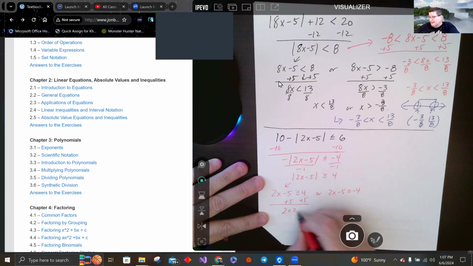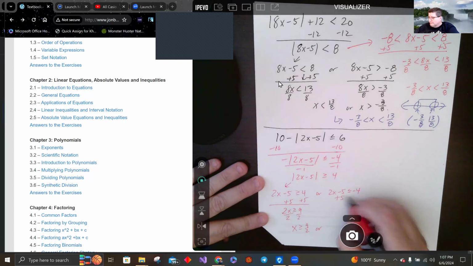2x is greater than or equal to 9. X is greater than or equal to 9/2. Or we do the negative version. 2x is less than or equal to 1. X is less than or equal to 1/2.